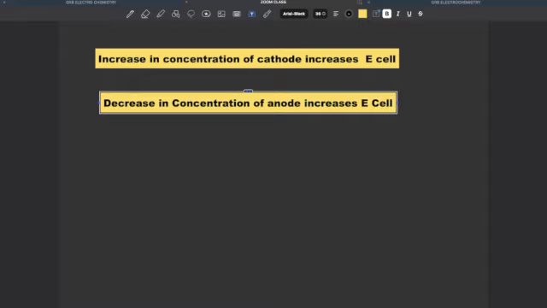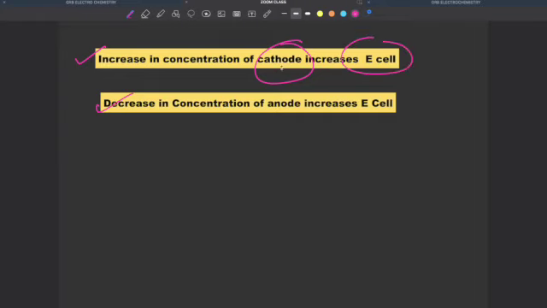So you have to remember these two points, write them down. So you have to note these two points. Increase in concentration of cathode increases the E cell, decrease in concentration of anode increases the E cell.